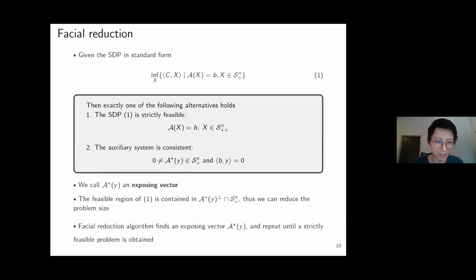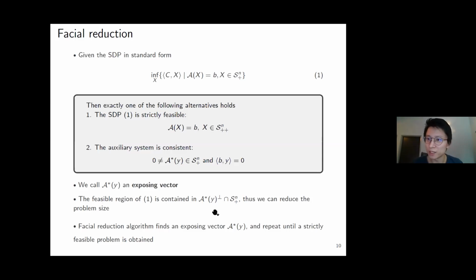Now the second part comes with this observation. If the SDP1 is not strictly feasible, we find an exposing vector. But then the feasible region of our SDP is contained in the orthogonal complement of this exposing vector intersected with the PSD cone.